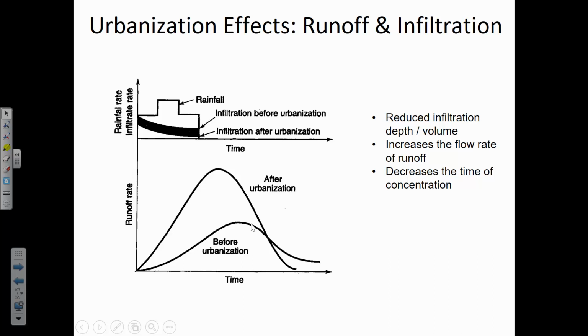Now what about this shift in time? That maybe is less obvious. So what does that mean and why is it happening? The fact that the after urbanization hydrograph, the peak is to the left of the before urbanization hydrograph. Okay, so that's the reason, but what is happening?